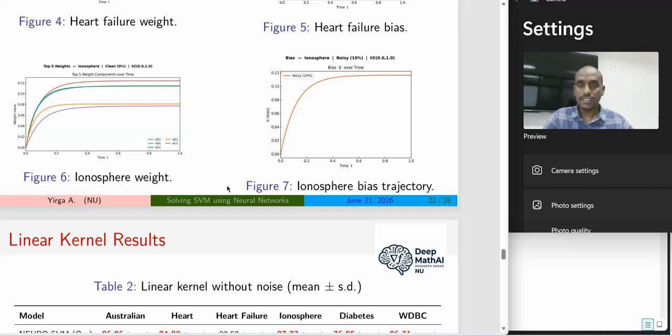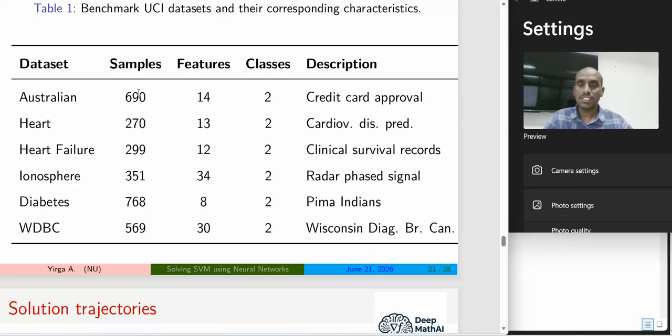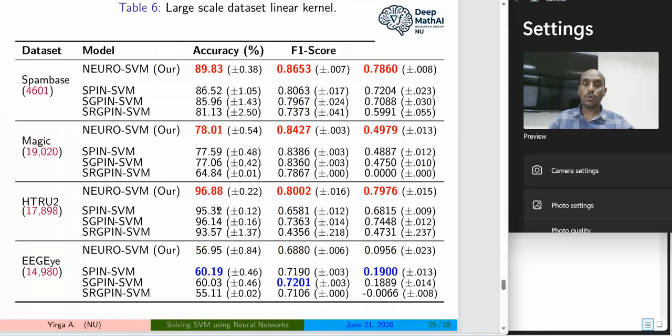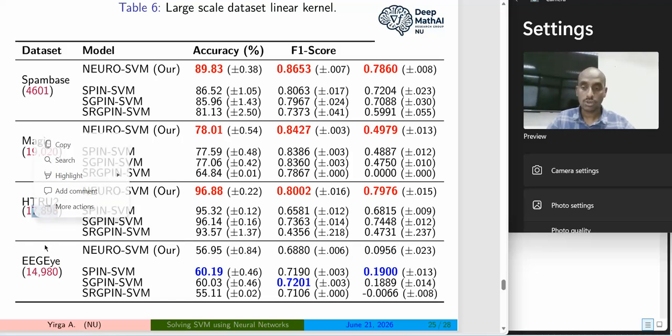As you have seen here, these datasets are relatively small, with not more than 800 samples in each. So we also ran the experiment on big datasets, like spambase with 4,600 samples, the magic dataset with 19,000 samples, the HTRU2 dataset with 17,000 samples, and so on.